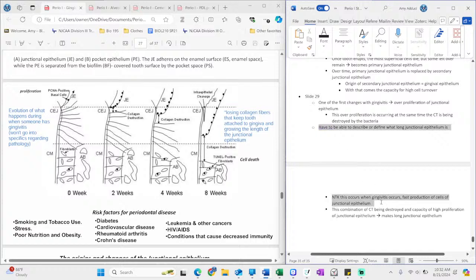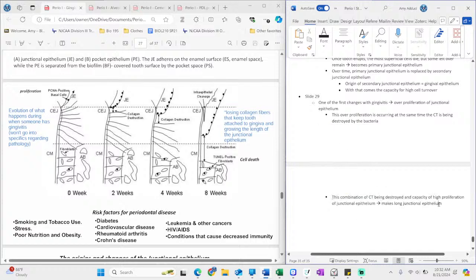So remember that I talked about how it's a race. Once periodontal disease is established, and remember we talk about periodontal disease once bone is affected, the body responds trying to eliminate the cause of the infection.